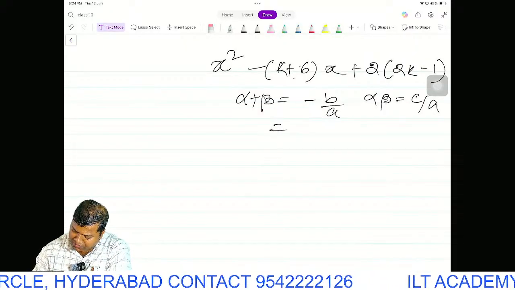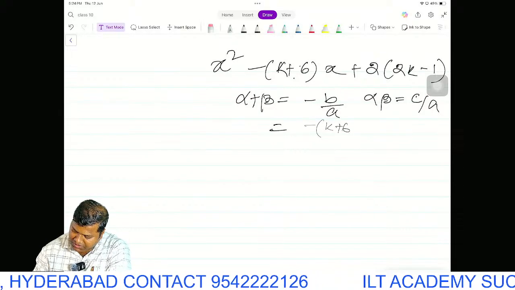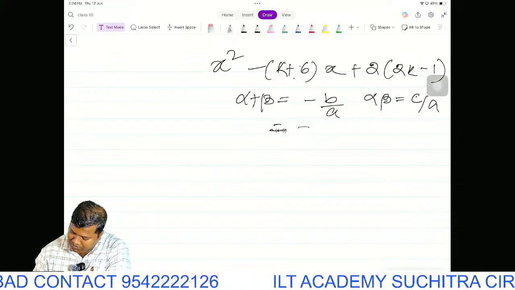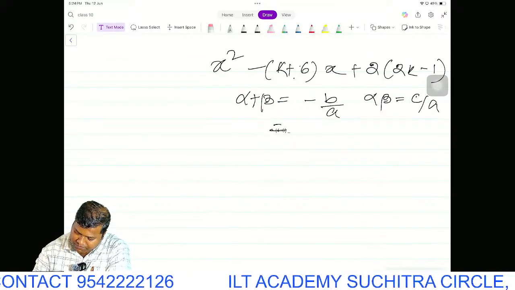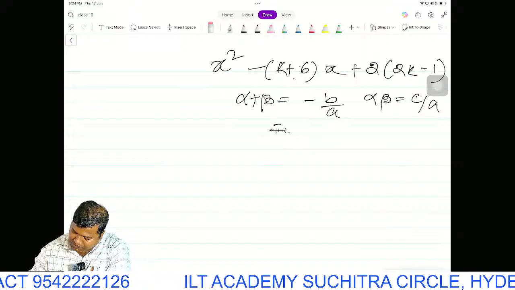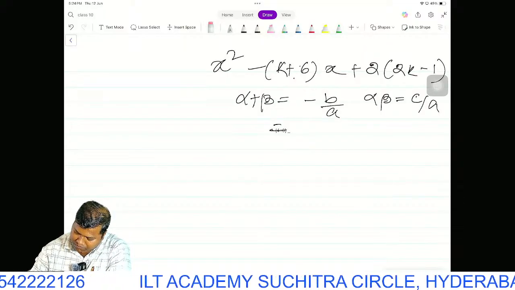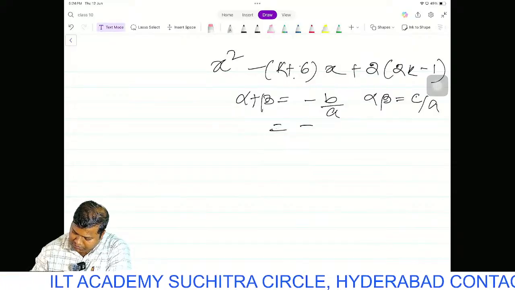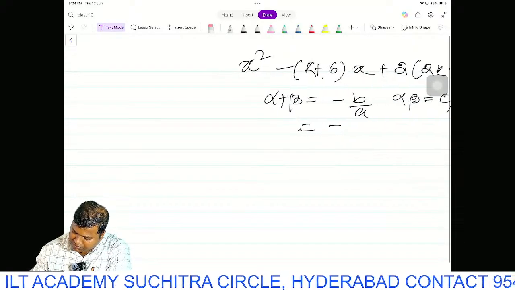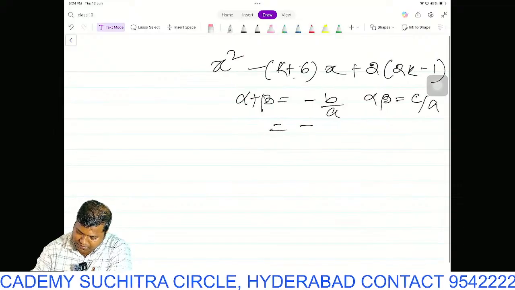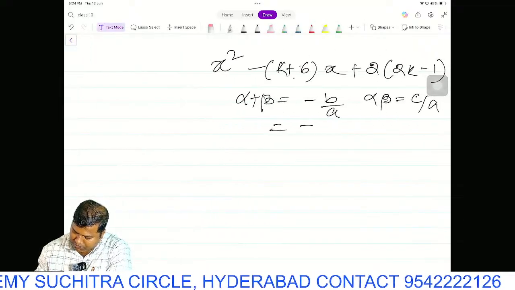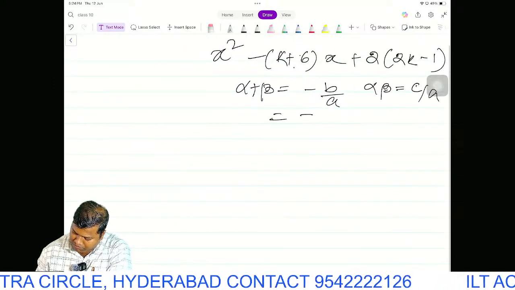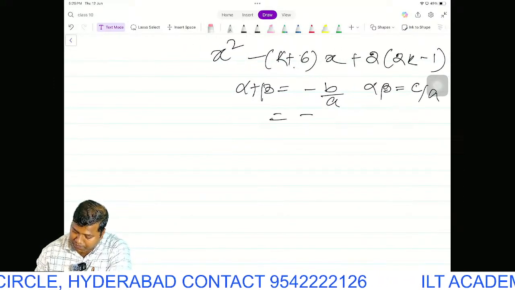Yeah, minus of minus k plus 6 divided by what is happening. Disable the text mode.